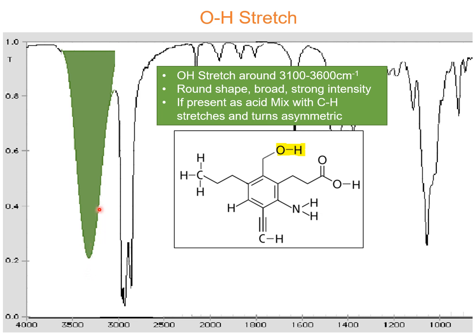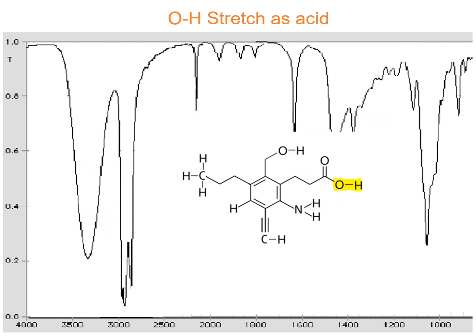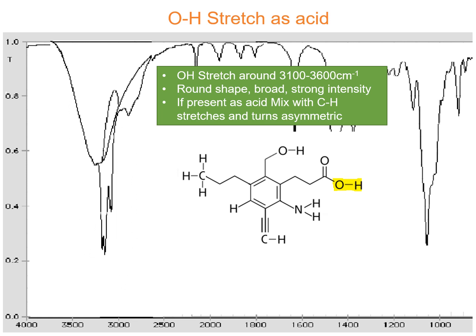But if this OH is part of a carboxylic acid, then it turns somewhat asymmetric. Still, it has that round shape, but because it has merged with the CH stretches, its shape seems somewhat asymmetric.